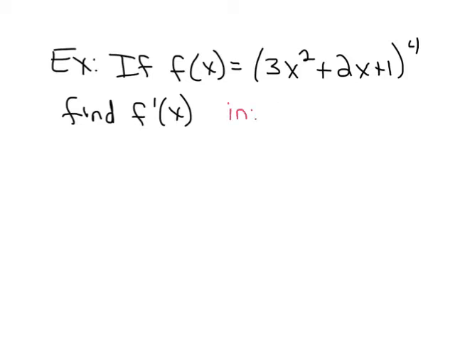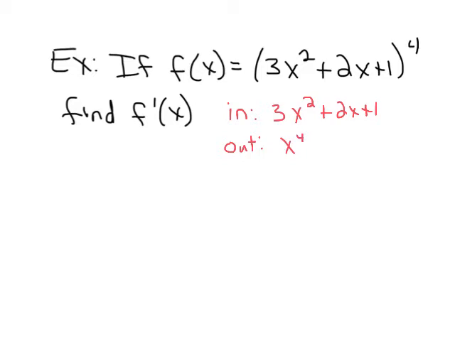That's going to be the polynomial in the parentheses. So inside we would have 3x squared plus 2x plus 1. So that's going to be our g of x. Outside would be the function that we would get when we replace that polynomial with an x to the 4th.